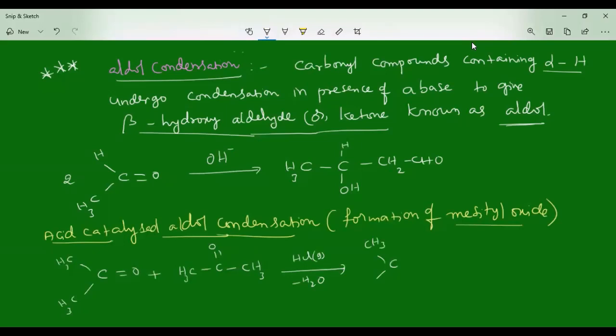The product will be like this. A double bond between two carbon atoms will be established. Actually, this compound's common name is mesitylene.